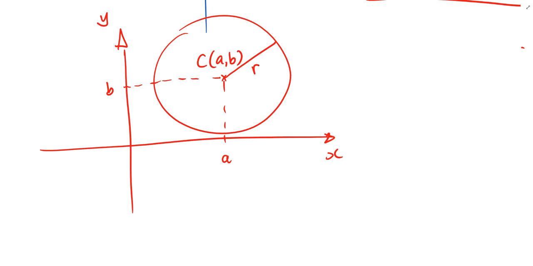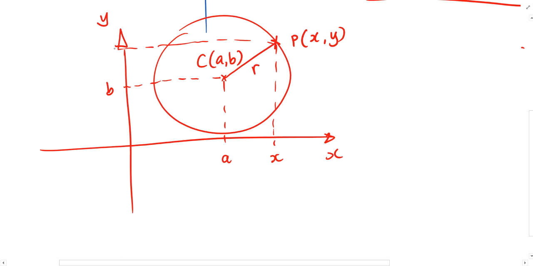Okay or not? Then this over here is a point P with the coordinates X and Y. This is X, and over here I've got Y.